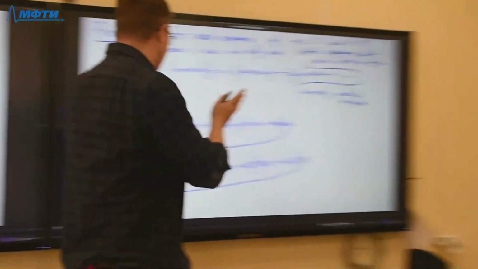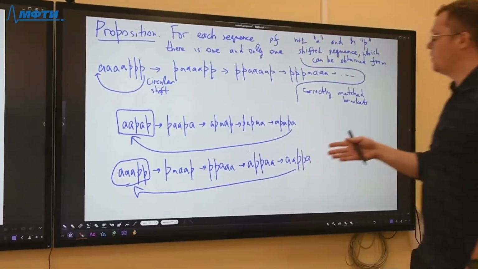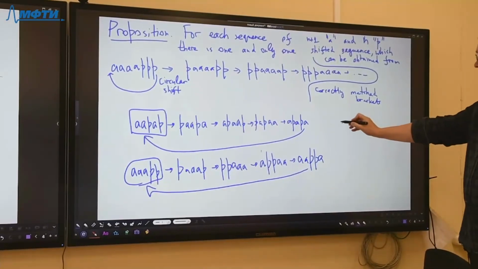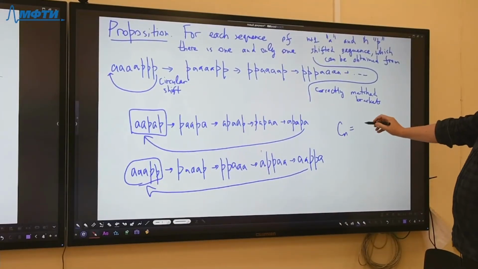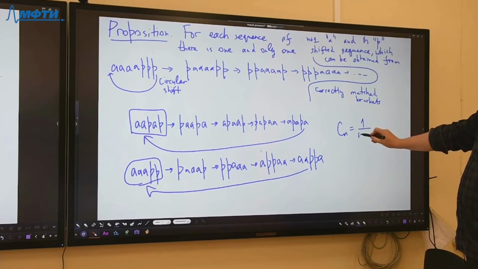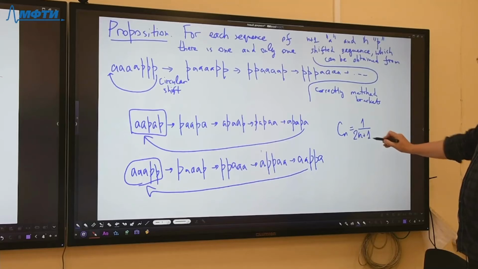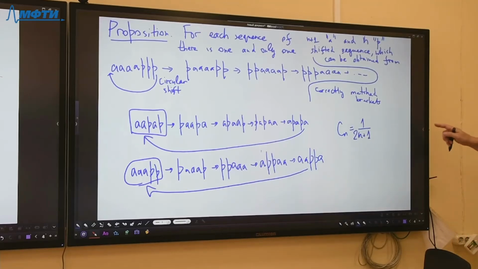So if I prove this proposition, then I get the formula that the Catalan number is 1 over 2n plus 1, because I have 2n plus 1 rotations, times 2n plus 1 over n plus 1.